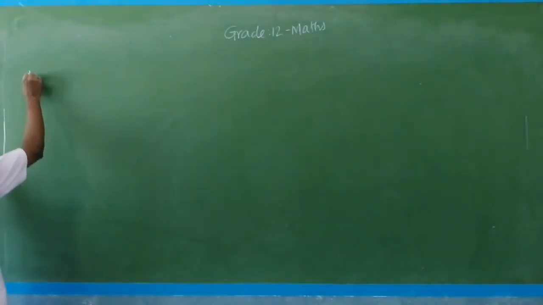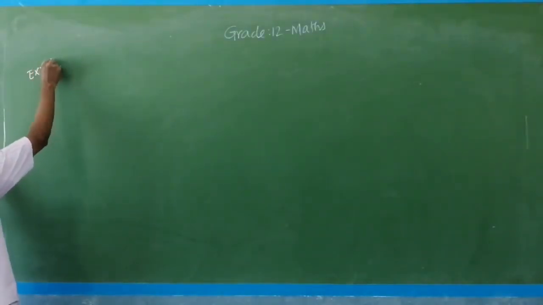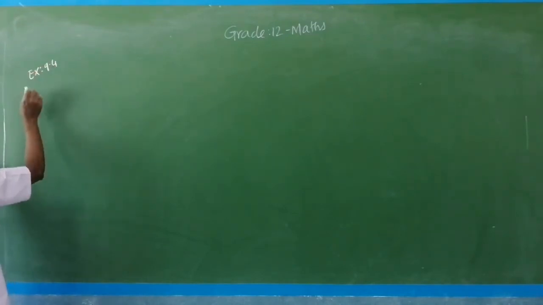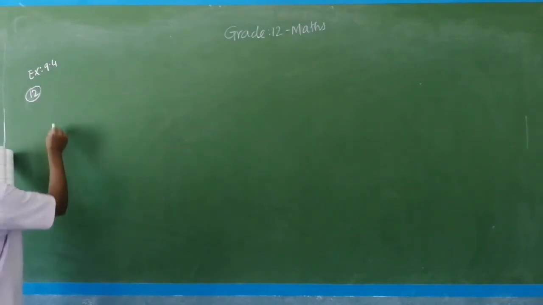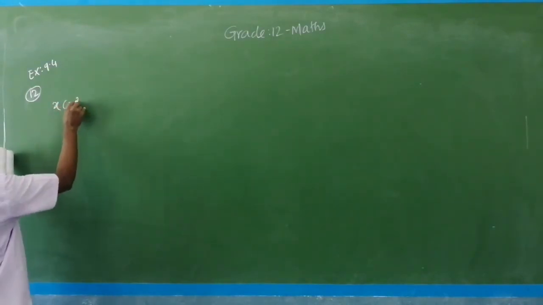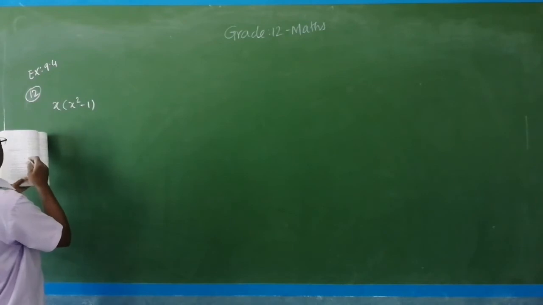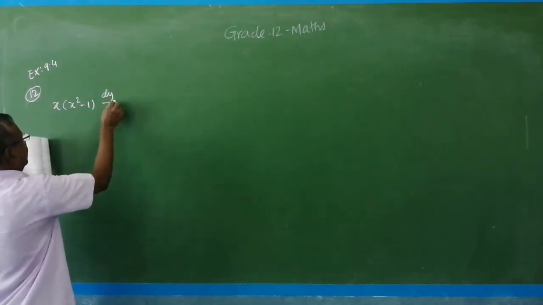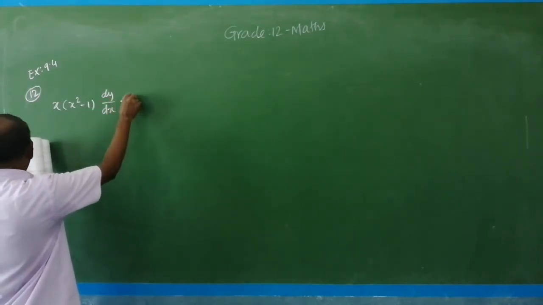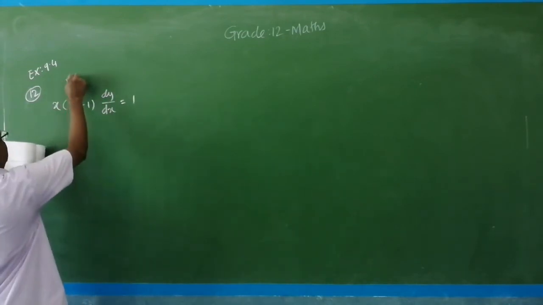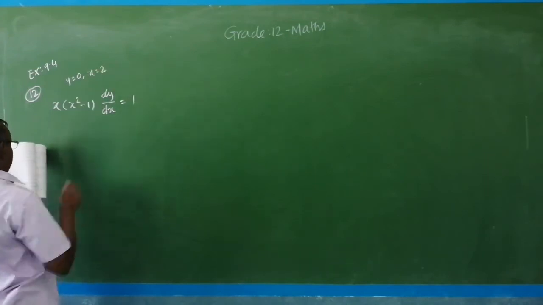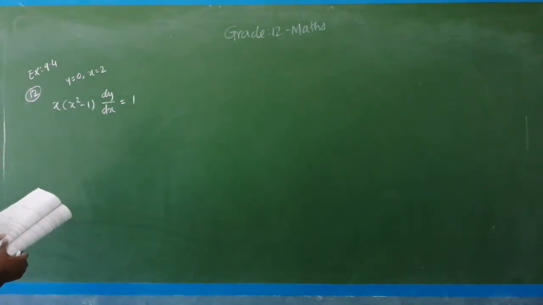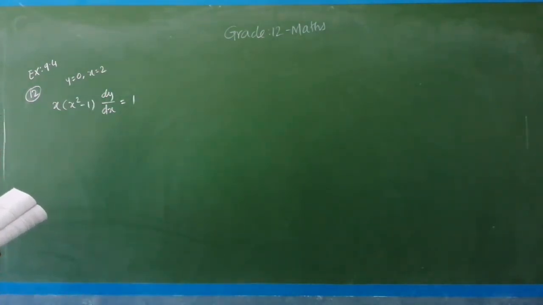Next question number 12. Exercise 9.4, question number 12. We are given x into x square minus 1 into dy by dx equal to 1, given that y equal to 0 for x equal to 2.